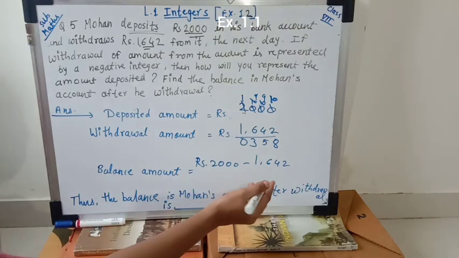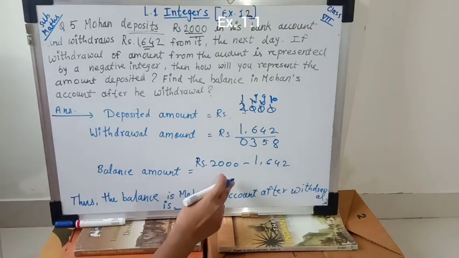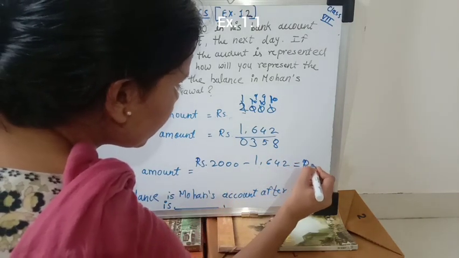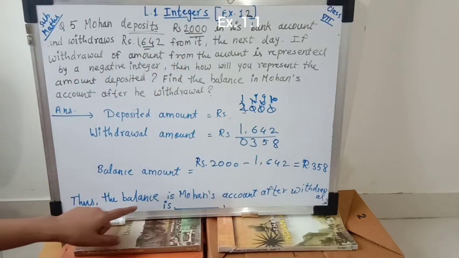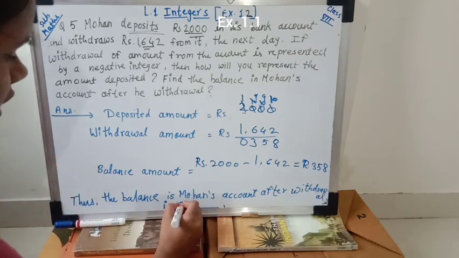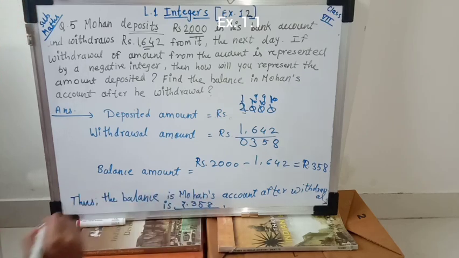So after withdrawing 1642 from 2000, rupees 358 are left over. So the balance in Mohan's account after withdrawing is rupees 358. Okay, now let's see question number 6.